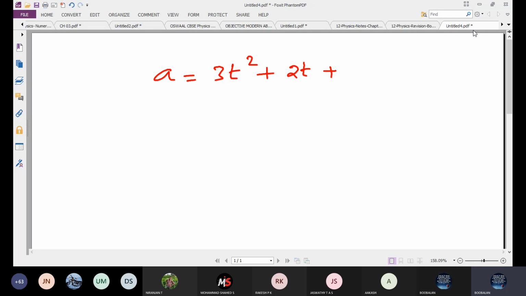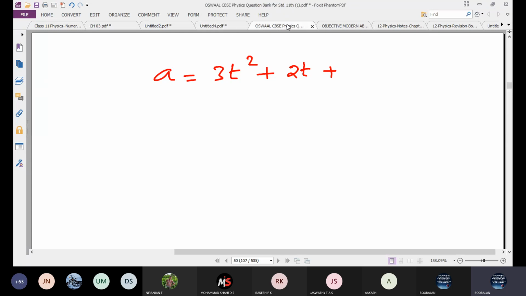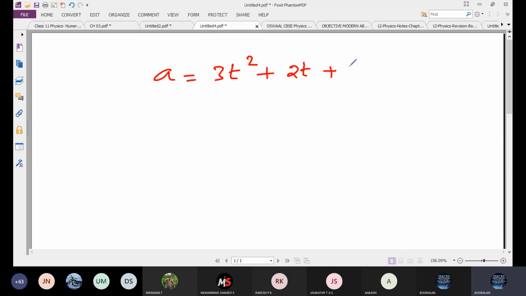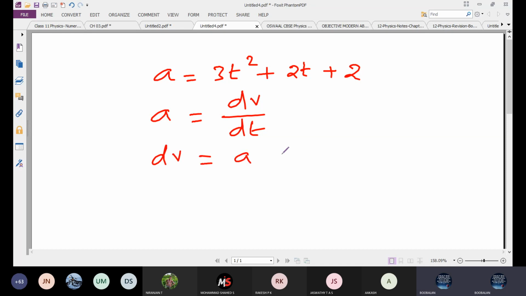One second. What is the formula? Acceleration a is equal to dv by dt. Then dv equal to a into dt. This is the integral calculation: integral dv equals integral a dt.